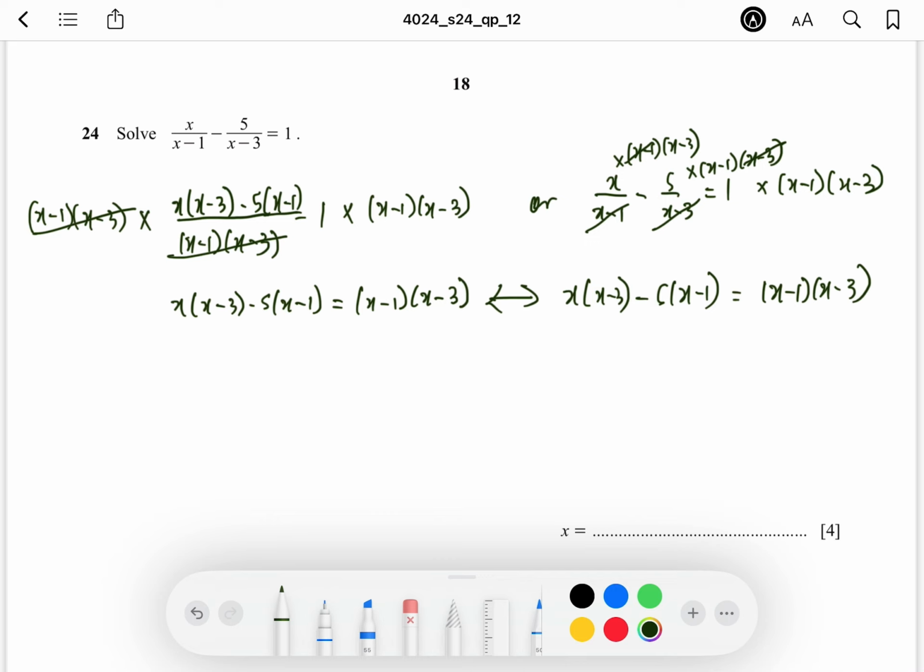Siapa dulu? Hakim, give me on the left hand side. What should I write down first? X square.